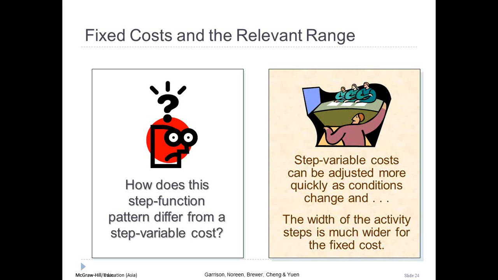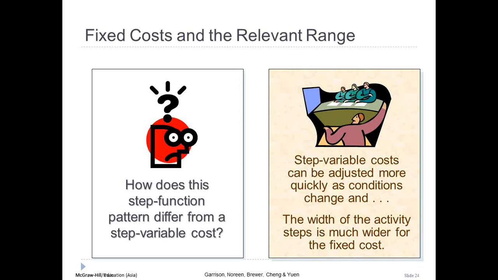So fixed costs tend to be locked in. You can imagine the example of the TEPCO or PEPCO power plant utility company. Very difficult to change fixed costs because it tends to be huge investments, capital intensive.